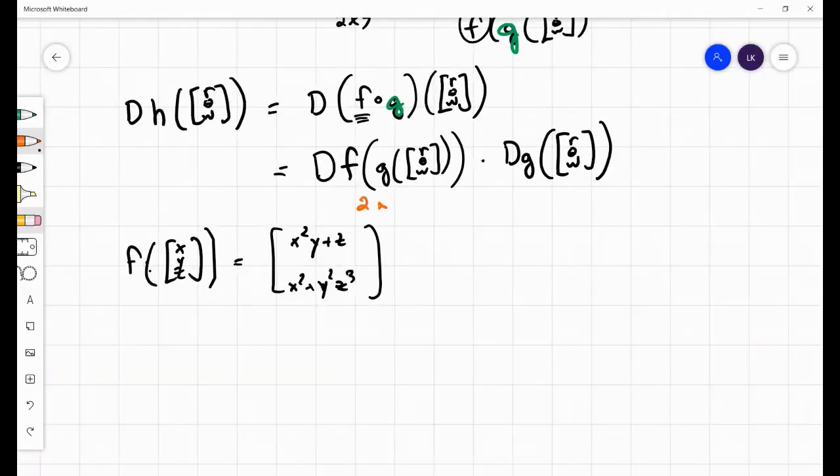Two outputs, 3 inputs. And what's the size of the matrix which is the derivative of g?